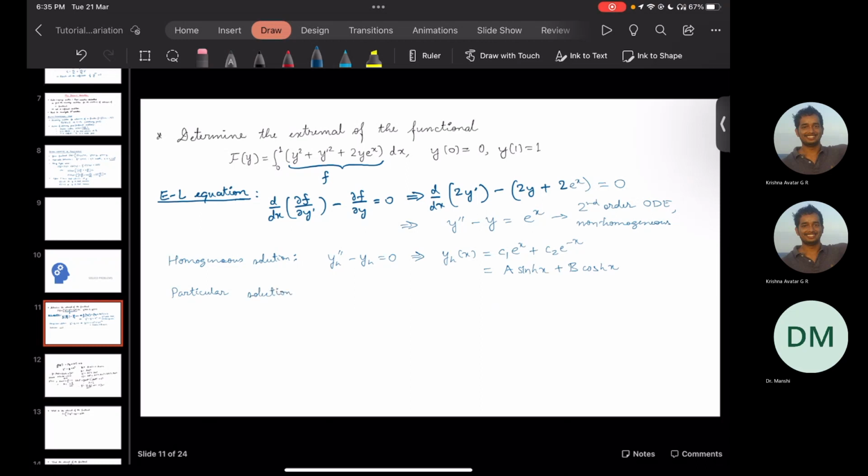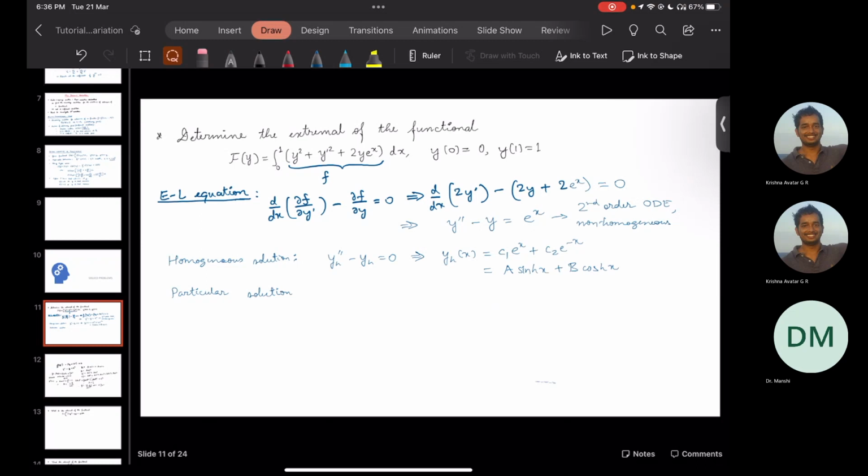Before that, we know that essentially in this problem we had taken an ansatz for the solution as e to the power lambda x, right? And then we got two eigenvalues, or two roots, which are plus 1 and minus 1.